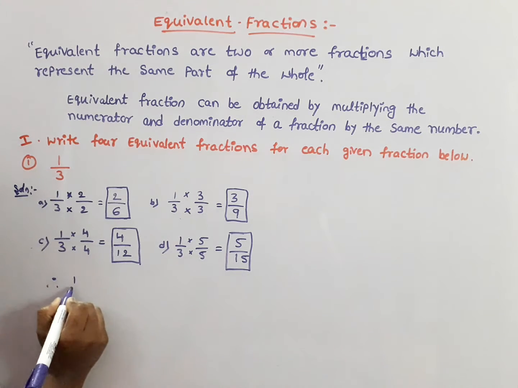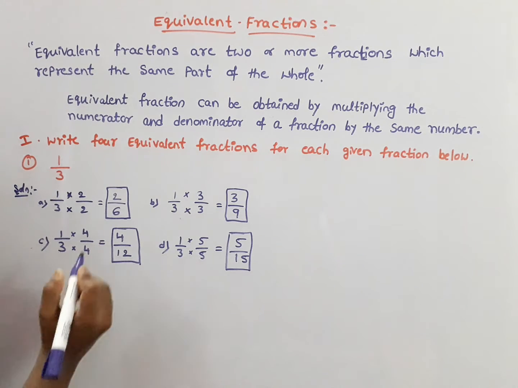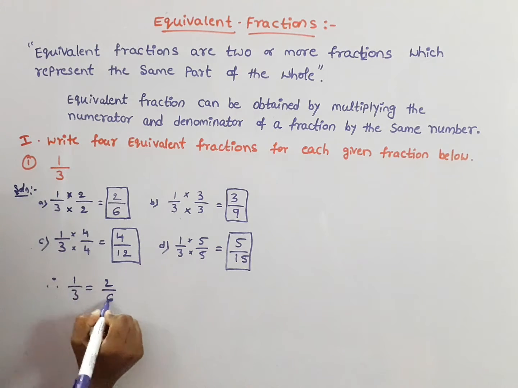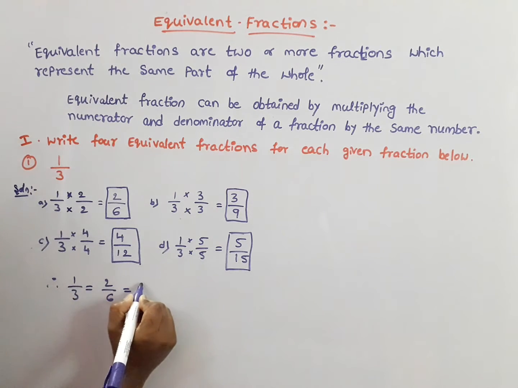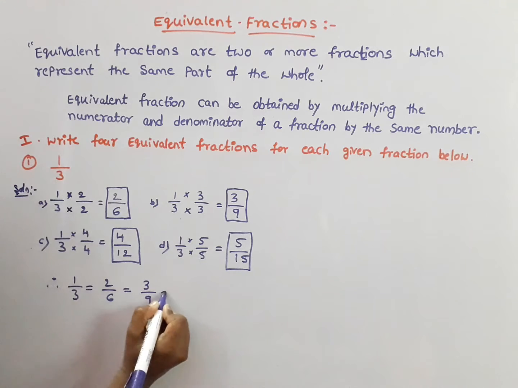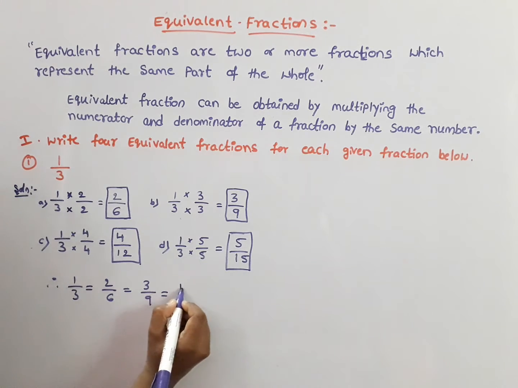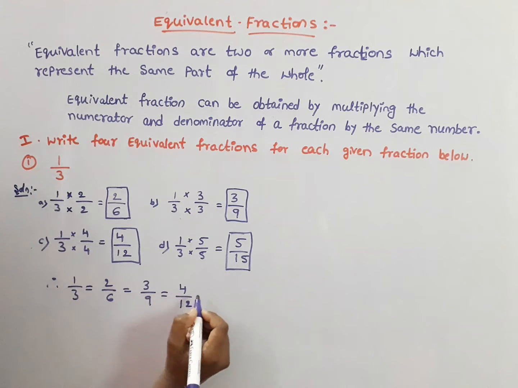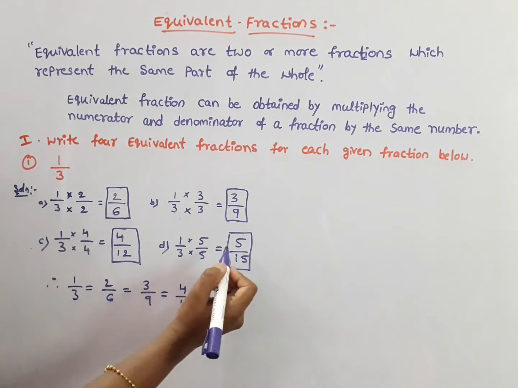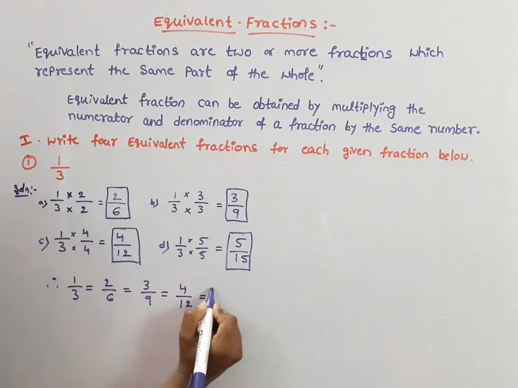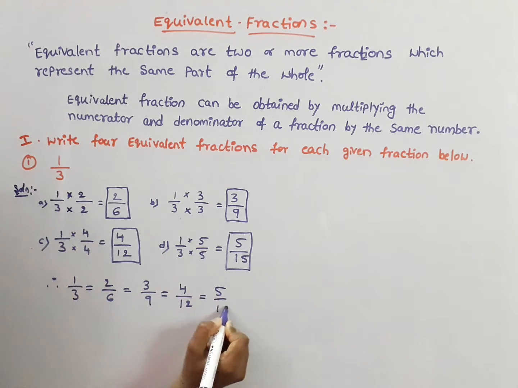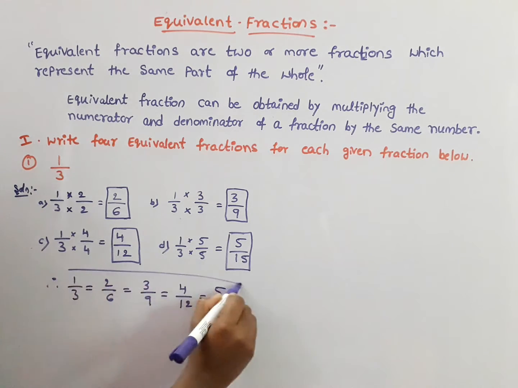So at the end, write students, 1 by 3 is equal to the first equivalent fraction 2 by 6, the second equivalent fraction 3 by 9, the third equivalent fraction 4 by 12, then the fourth equivalent fraction 5 by 15.